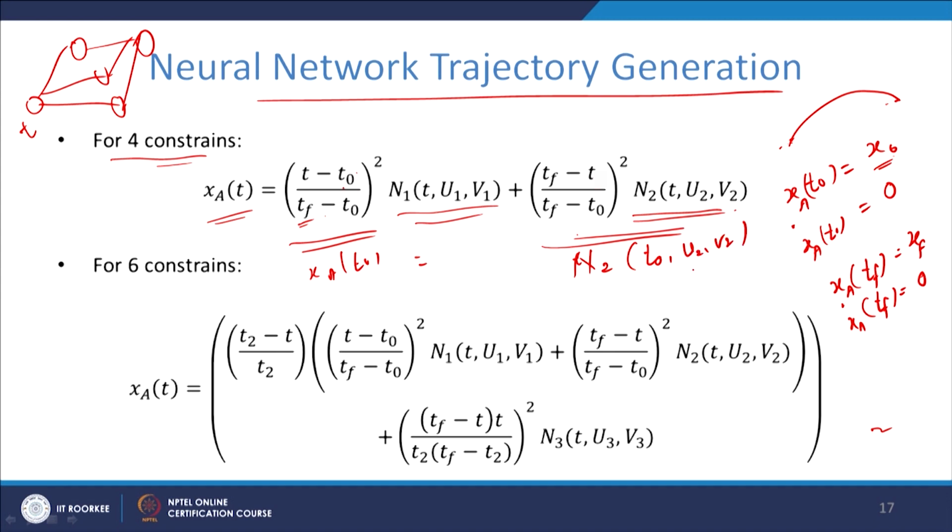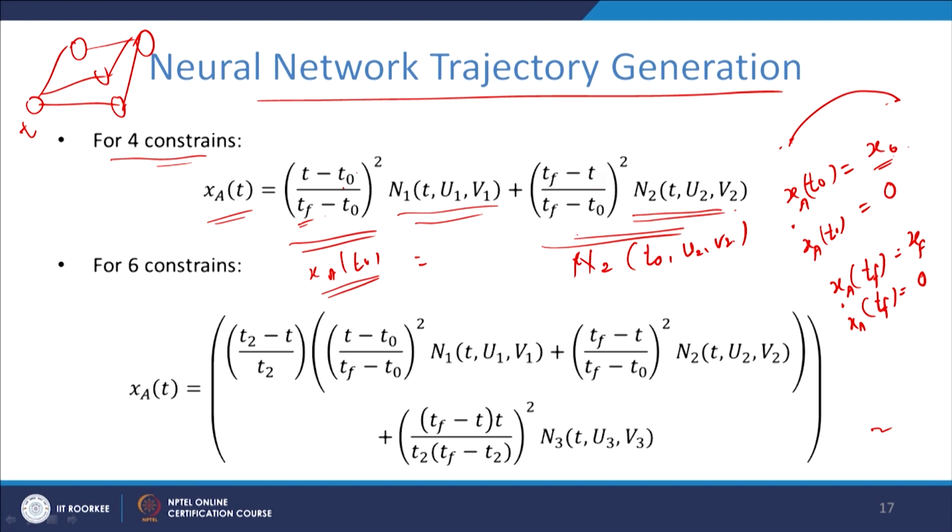The weight matrices U2 and V2 should be calculated for this particular value, where the output of the neural network is given by xa of t naught, which is equal to x naught. That value should be taken, and for this output we should find the weights U2 and V2.